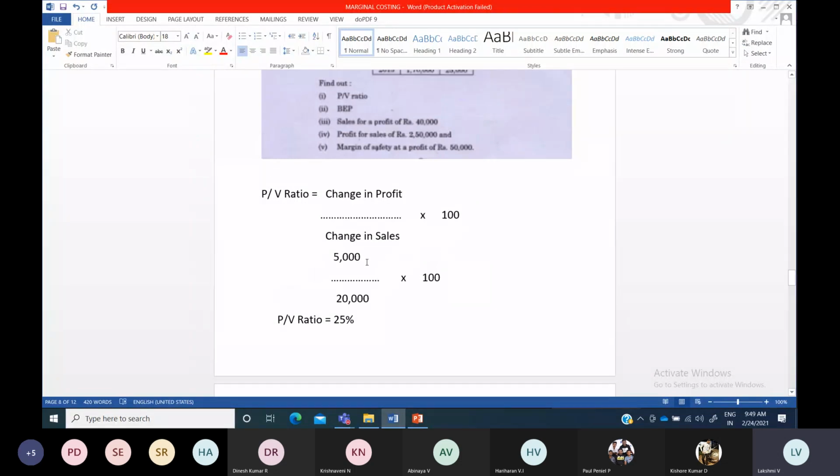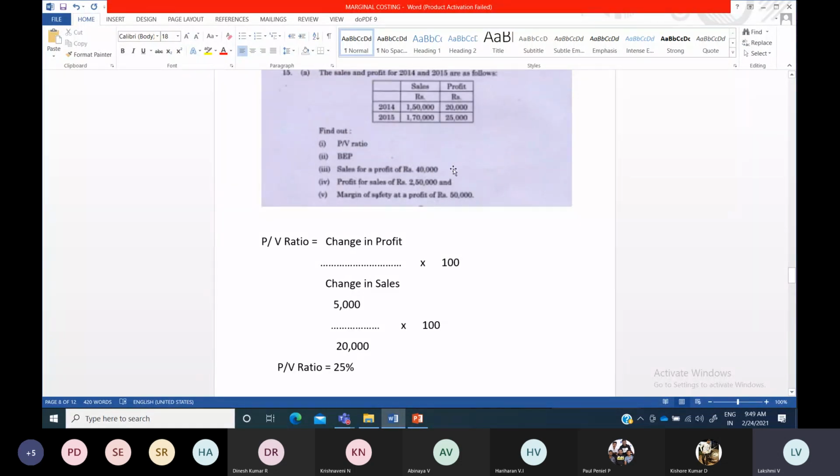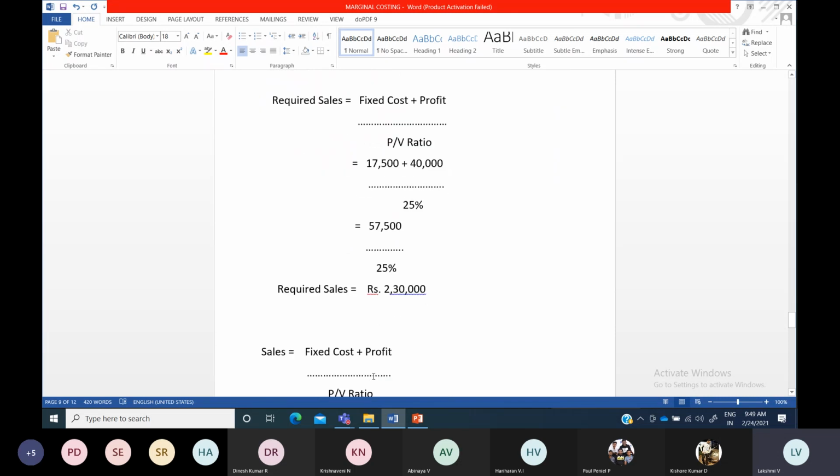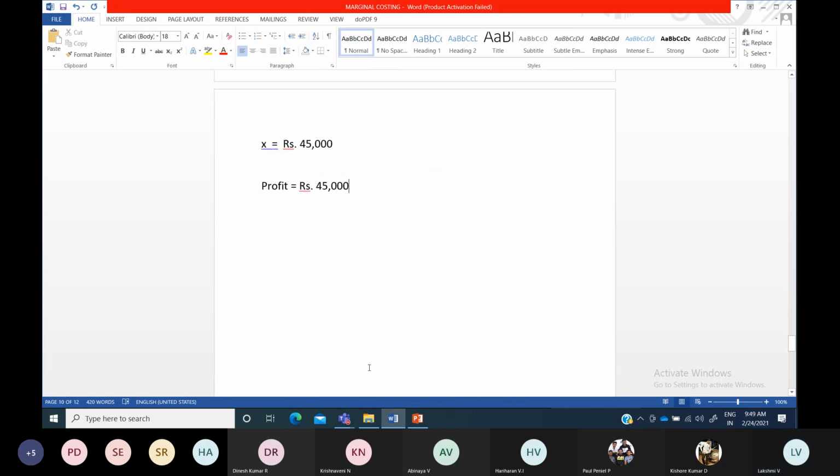So still we have one more thing, margin of safety at a profit of 50,000. So margin of safety they are asking us to calculate. If you see here, the profit is 50,000. So margin of safety, we have two formulas. One is actual sales minus break even sales.